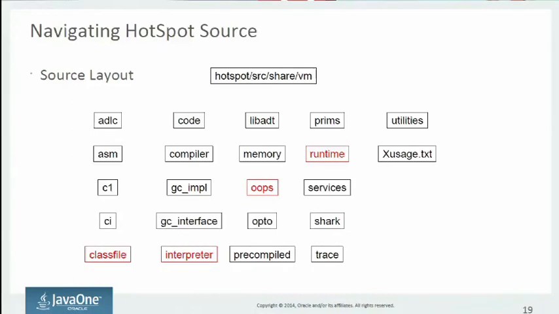The interpreter directory has got all the stuff in there for the template interpreter. The oops directory has the definitions of the classes that represent Java classes. We'll get into that a little more, as well as some other interesting definitions. And finally, the runtime directory, among other things, has got the thread system files stashed away in there. So if you're going to start out browsing, those are good places to start.